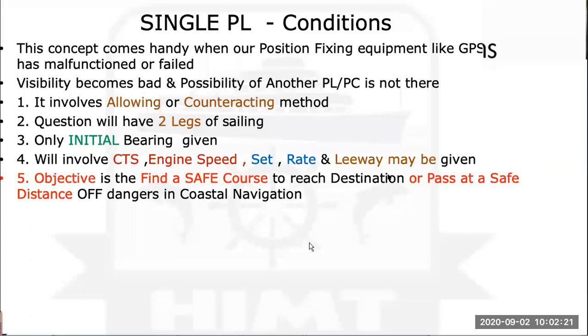So we are starting with single position line concept. Single position line means you obtained one position line. Generally we need at least two position lines for a position, but because of some visibility problem or some malfunction of equipment, we could obtain only one position line, and another position line or position circle is not possible.